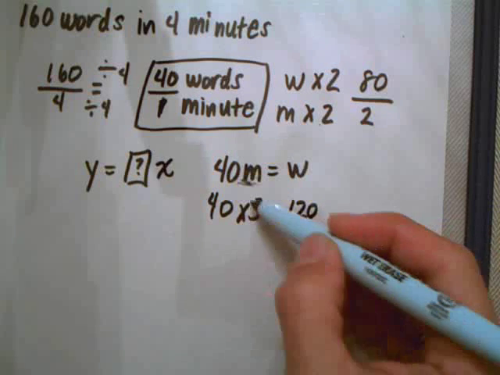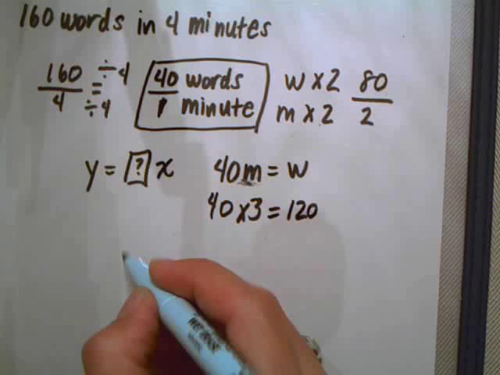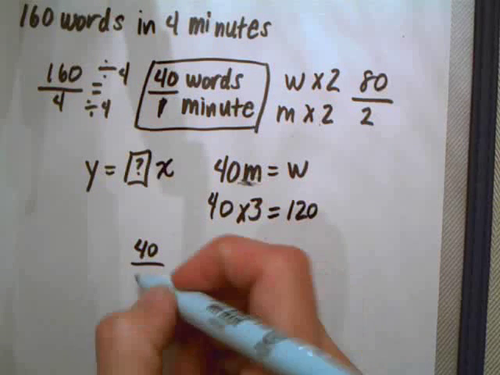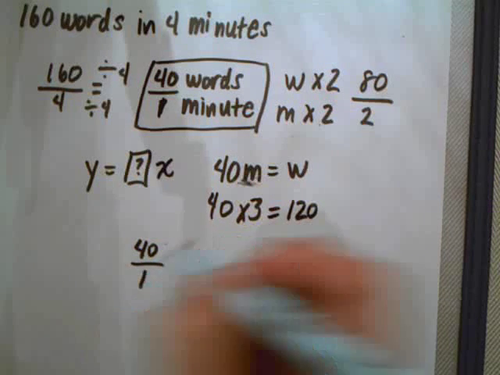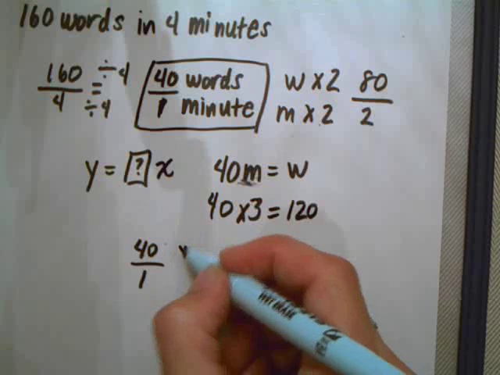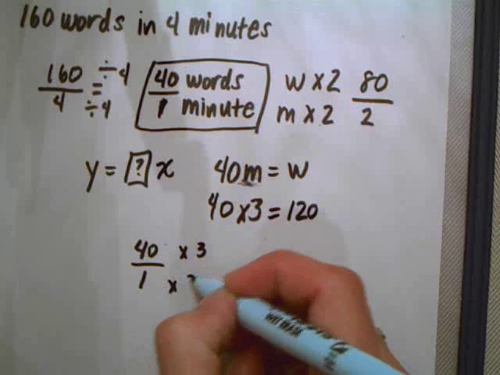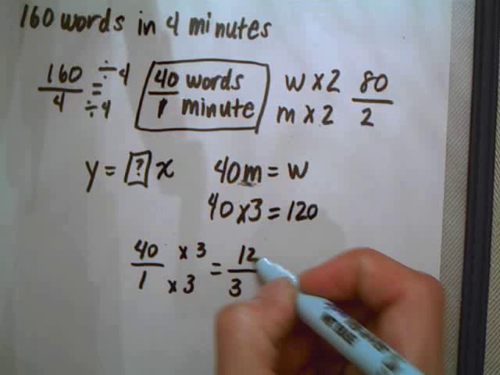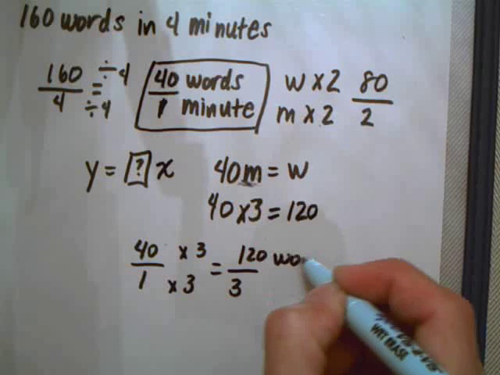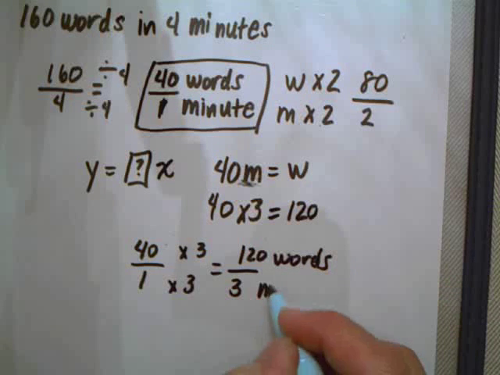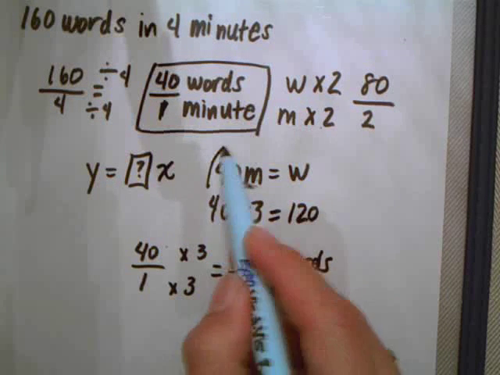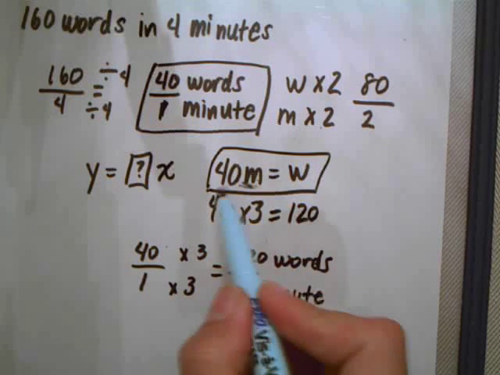Well, we can always check that out by using our unit rate that we had up here. 40 words over 1 minute. If we multiplied this by 3 and this by 3, we'd get 120 words in 3 minutes. So yeah, that works out. This formula, this equation is going to work out.